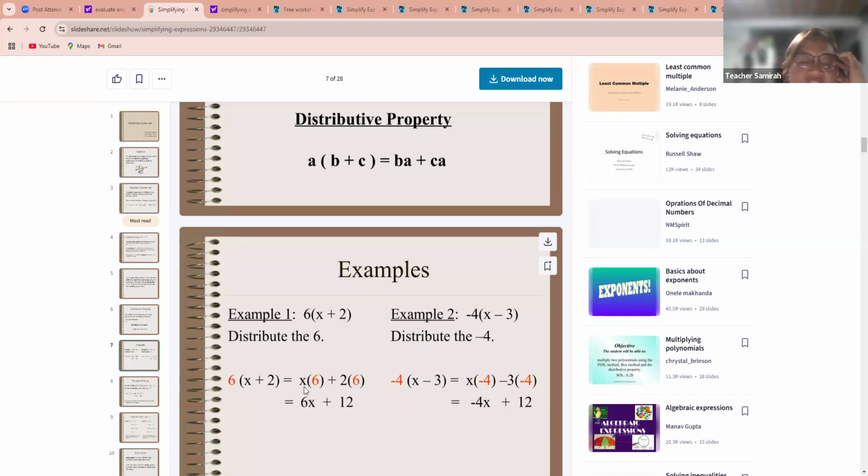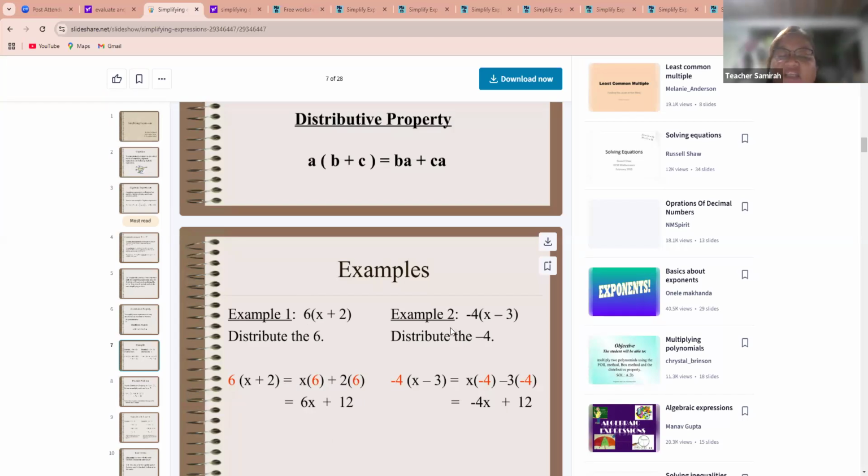All of these are positive. So 6 times x would give us 6x. Copy the sign again, then 6 times 2 would give us 12. So this is the answer. Okay, how about this one?